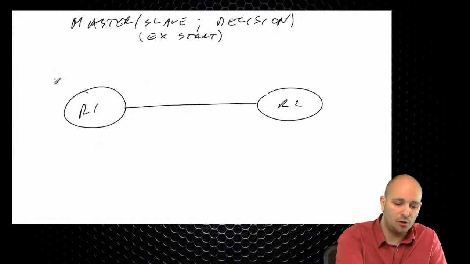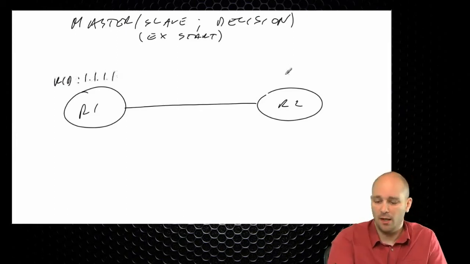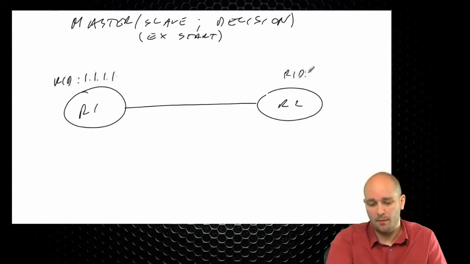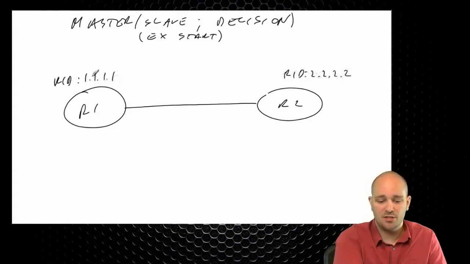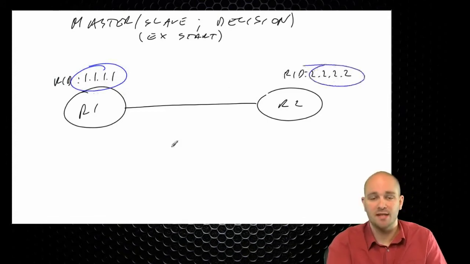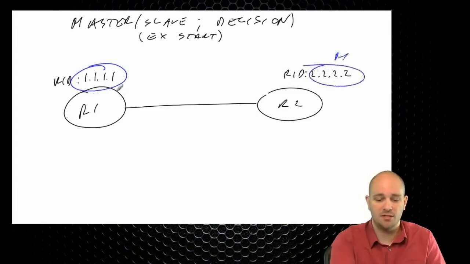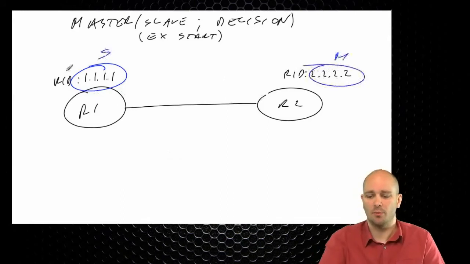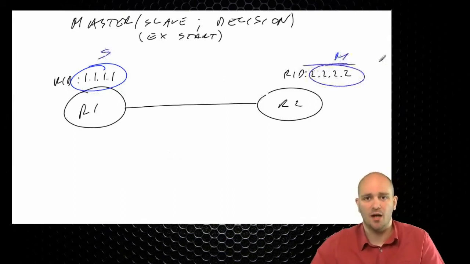Let's say that here we have a router ID of 1.1.1.1, and here we have a router ID of 2.2.2.2. Now, the master-slave relationship will be determined based on these values. This will be the master, this will be the slave. Very simple one. Why? Because this one has the higher router ID.